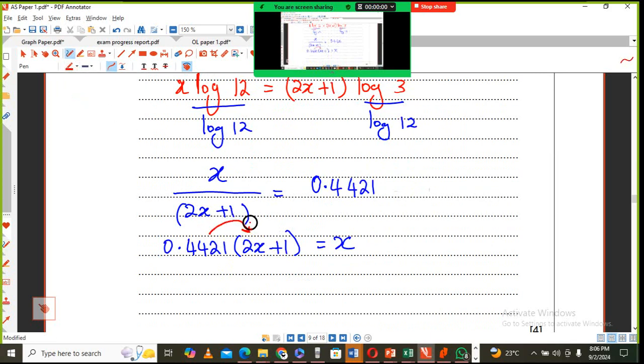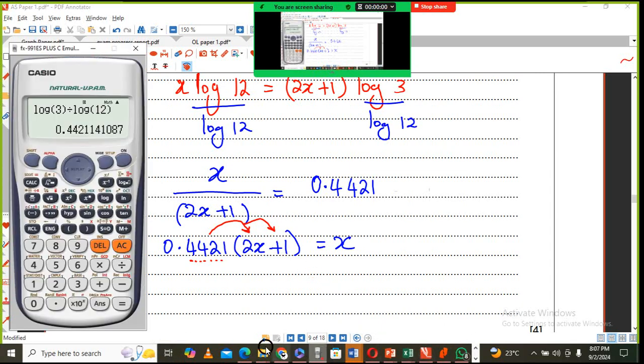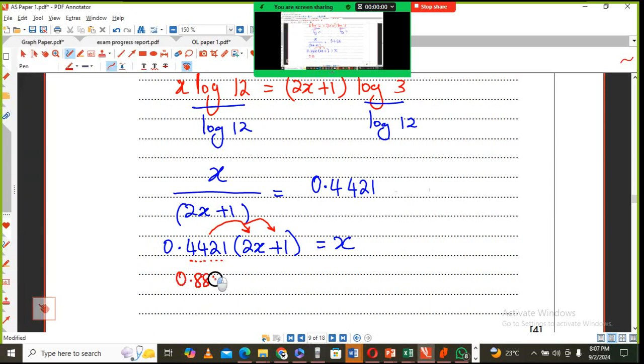See, you must try to write as many as 4 decimal places, you will be safe. So you take that 0.4421, you multiply it by 2, 0.8842. So 0.8842x plus 0.4421. That's 1x there.